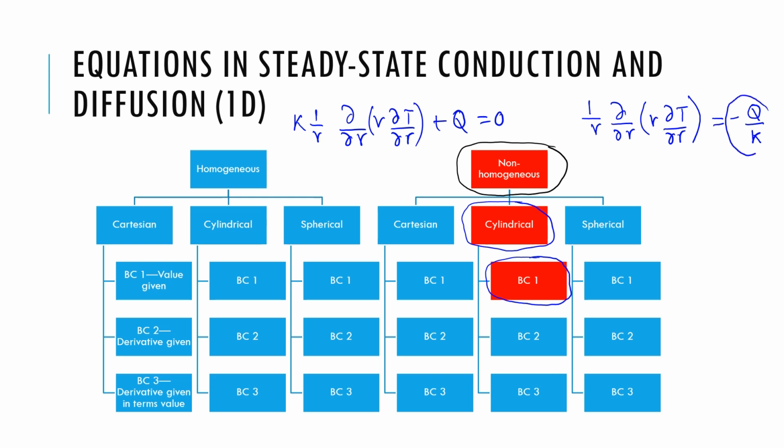So this part is not 0, and that's what makes it non-homogeneous. Why do we bother with this equation? Because it comes up in steady state heat conduction or steady state mass diffusion. Okay, so now let's write the equation and try to solve it.